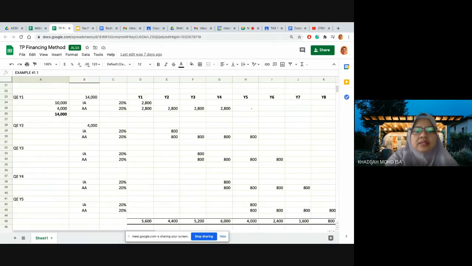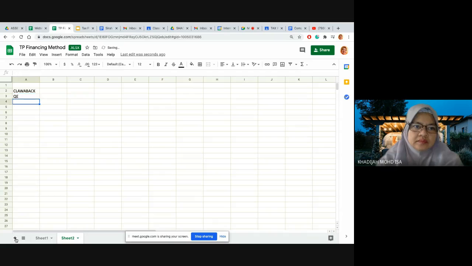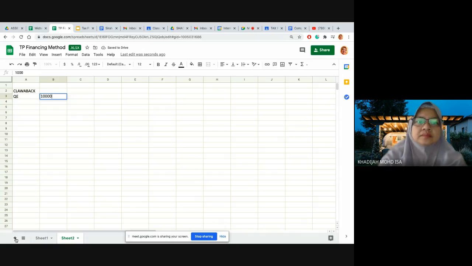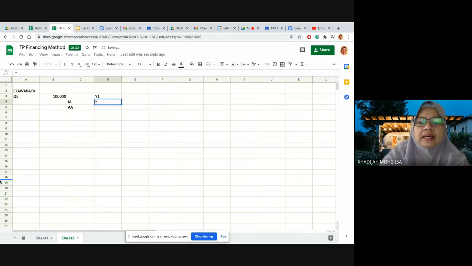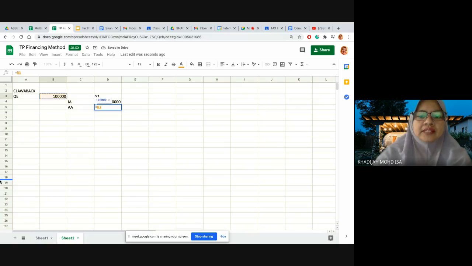Okay. So let me share with you, for example, when talking about clawback. Let's say the QE is how much? QE is 100,000. So then you're going to claim IA and AA. So in year one, you're going to claim 20%, times 0.2, and here also times 0.2.